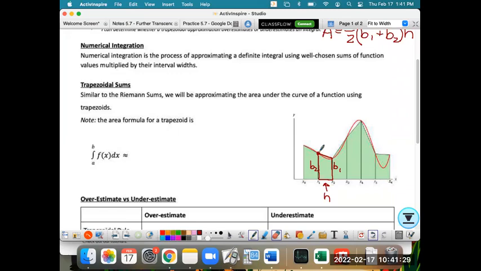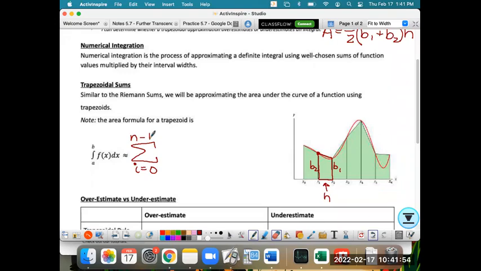So let's say that we have some random interval that we want to find the area for. We would find all of those little trapezoidal areas, add them together, and that would approximate the area underneath the curve, right? I'm going to use the summation notation and I'll kind of walk us through it. So it'll be the sum from i equals 0 to n minus 1, and we'll talk about why in a moment.